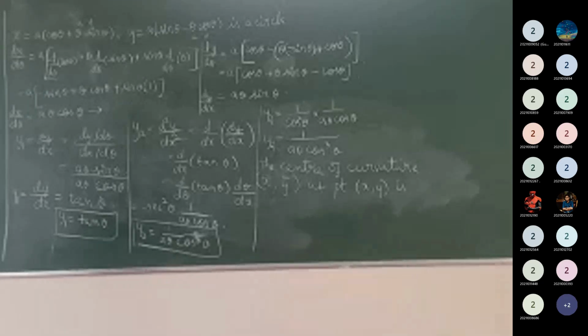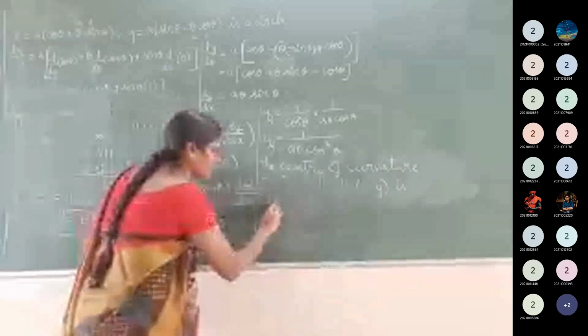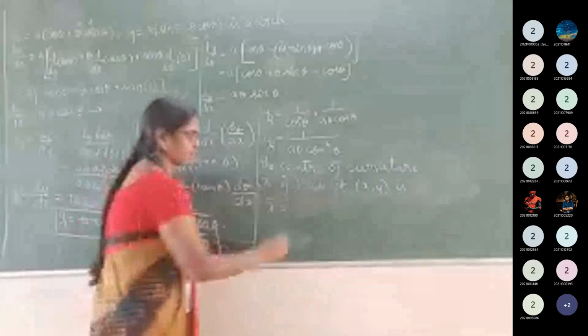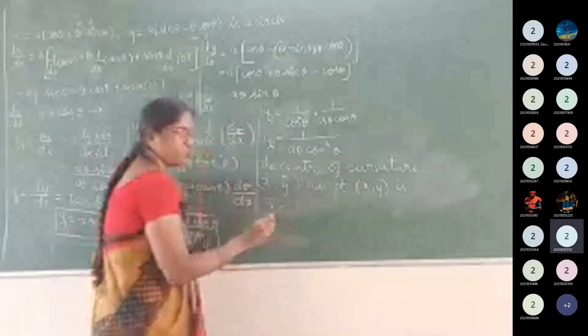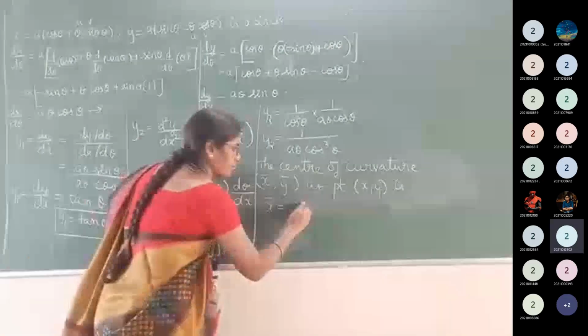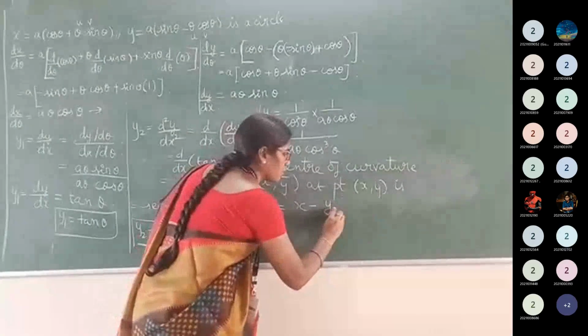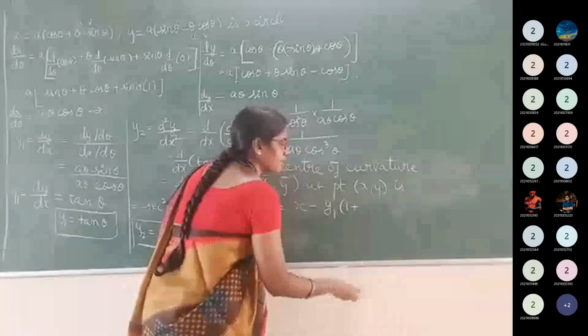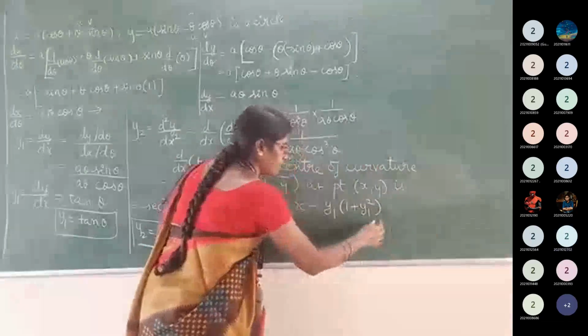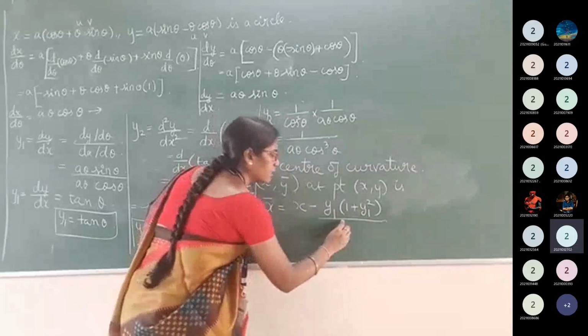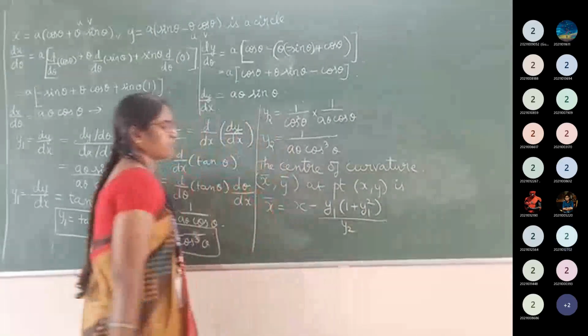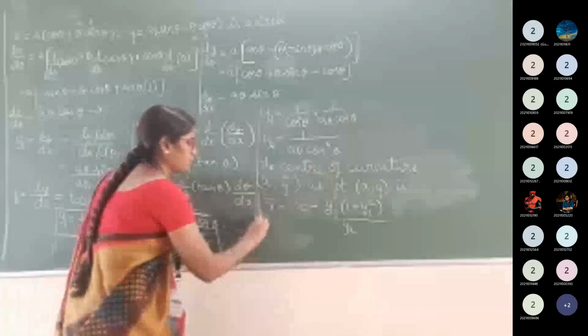Tell me the formula for x bar. What is the formula for x bar? x bar is equal to x minus y1 into 1 plus y1 square divided by y2.